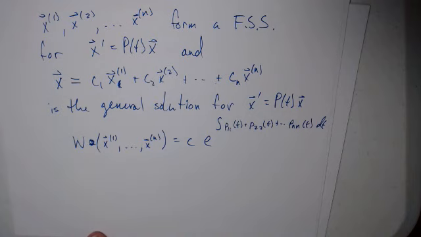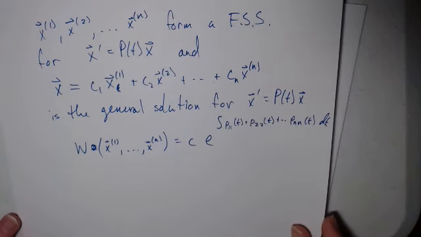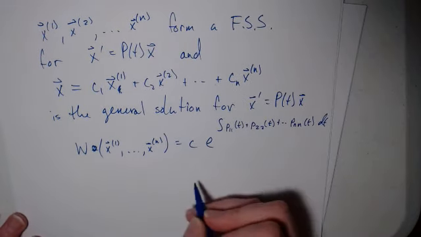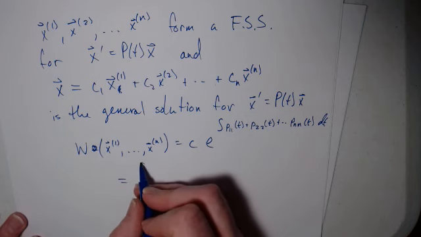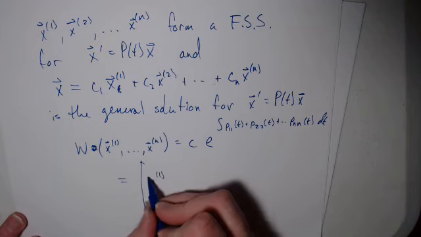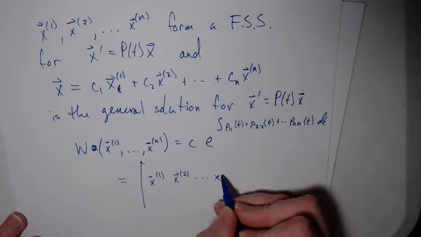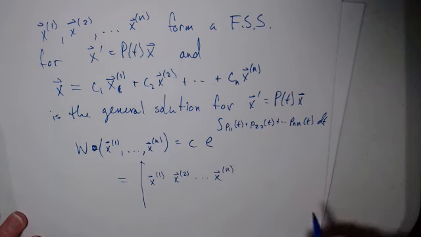But we can also find the Wronskian the usual way, if that makes more sense. So the other way of saying that would be the determinant of the matrix, which was vector x^(1), vector x^(2), and so on until we have vector x^(n).